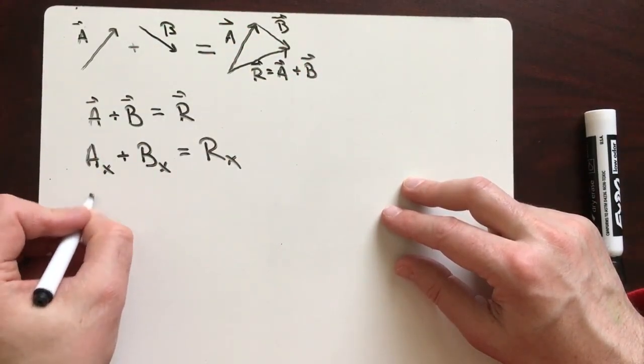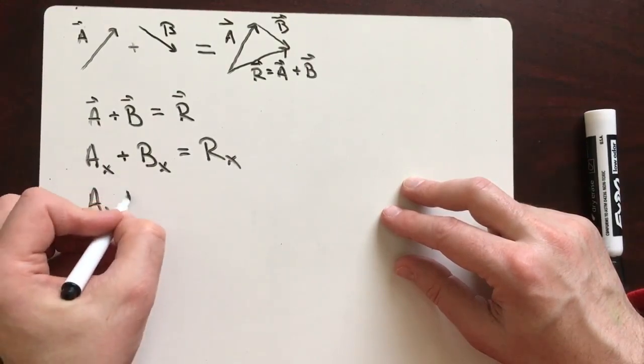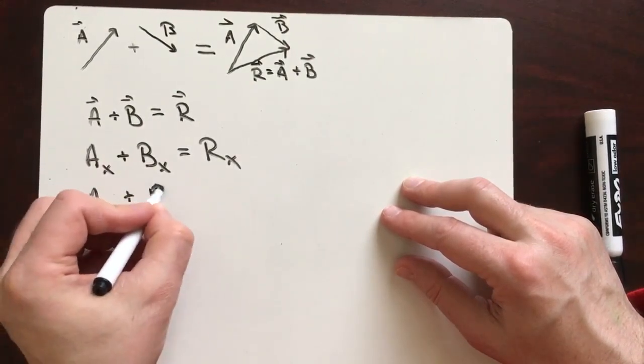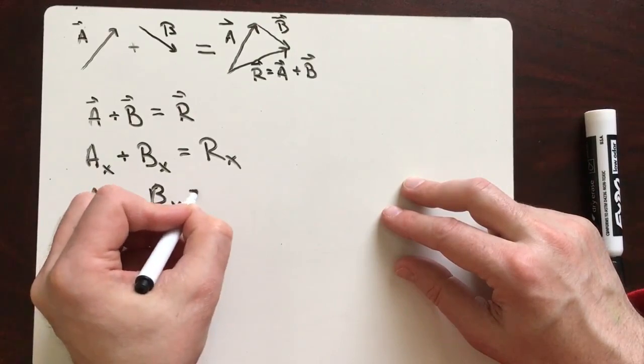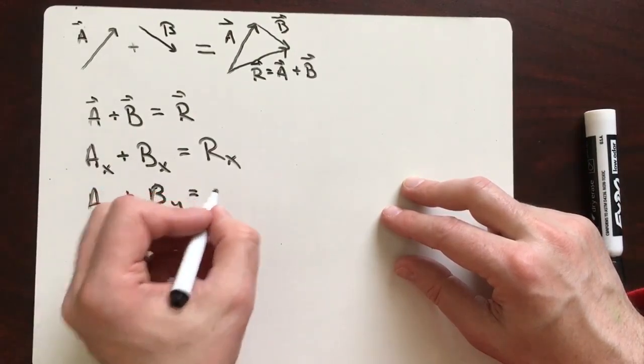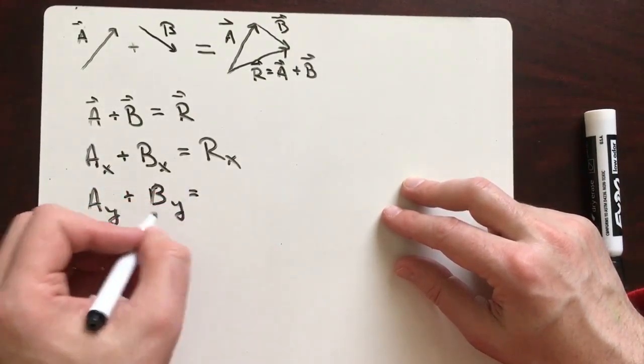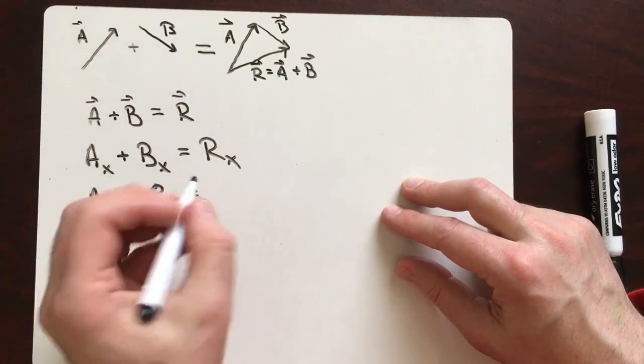And then I do the same, but only with the y components. And if you're not sure how to get these components, you should watch the other video that shows how to get the components of a vector.